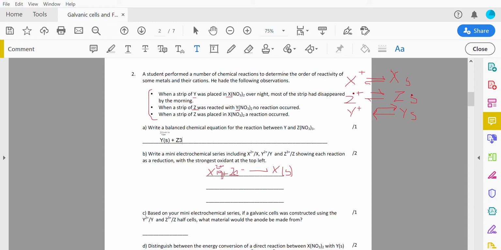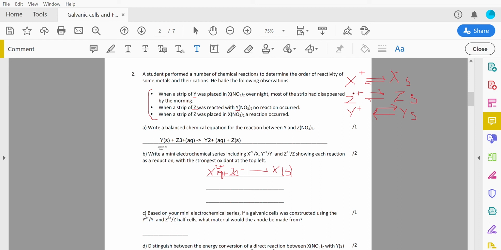Down here it says it's 3 plus, and that'll be aqueous. And we are going to produce, we know Y, what charge? 2 plus, Y 2 plus aqueous plus Z solid.